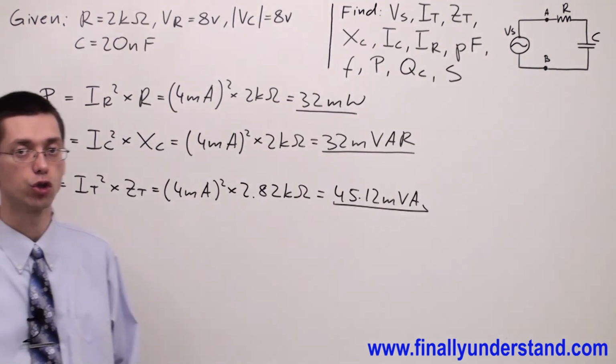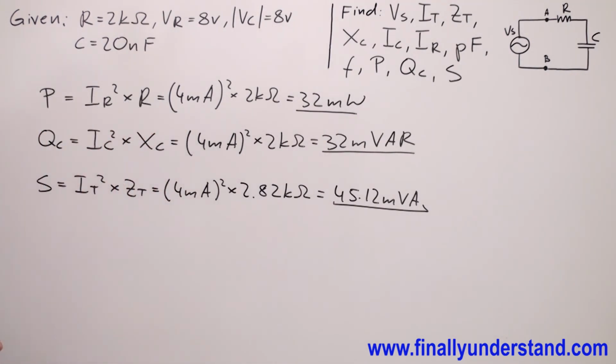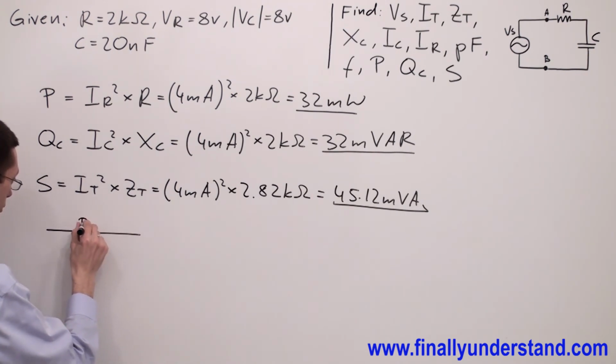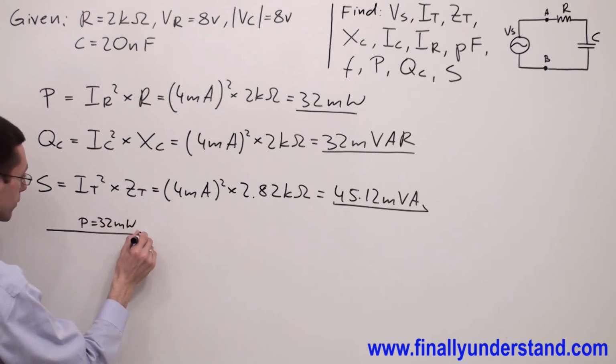If the problem asks you to draw the power triangle, you're supposed to simply draw the true power with an angle of 0 degrees. P is equal to 32 milliwatts.